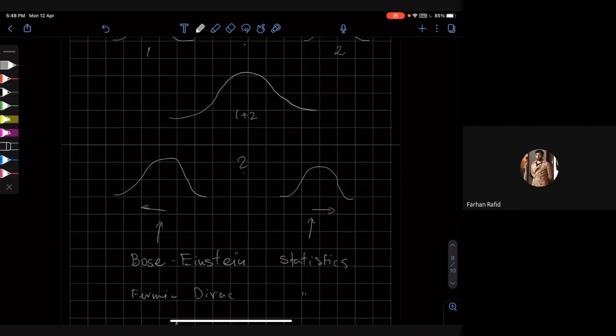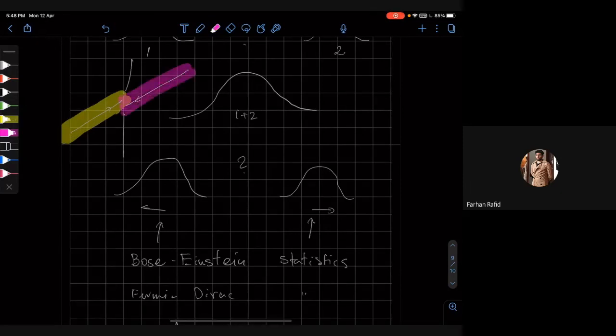Like, what if one electron is coming like this, another one is coming like this, and they go like this, but this is how much the wave function is spread. So which one went left and which one went right, you don't know.